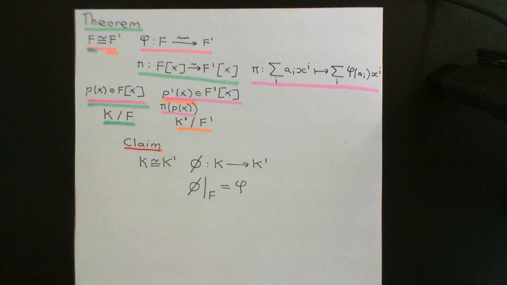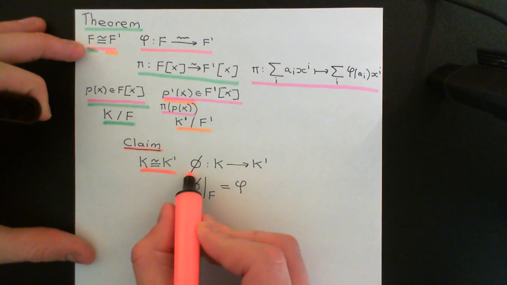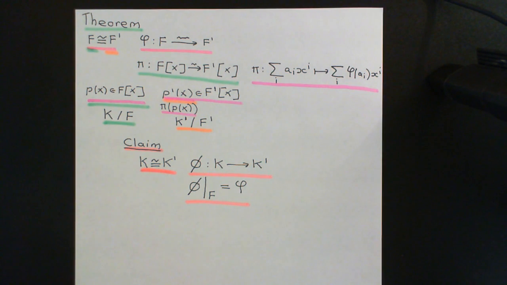Okay, so I'll highlight all of that in red. This is the claim. K is isomorphic to K prime. The splitting field for p of x over the field capital F is isomorphic to the splitting field for the corresponding polynomial p prime over F prime.